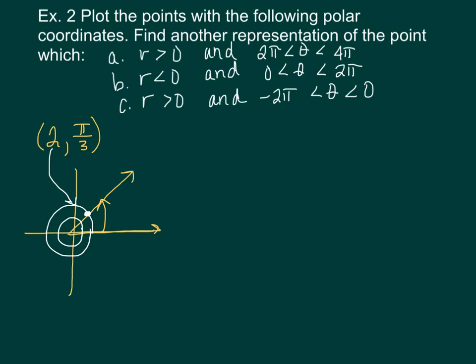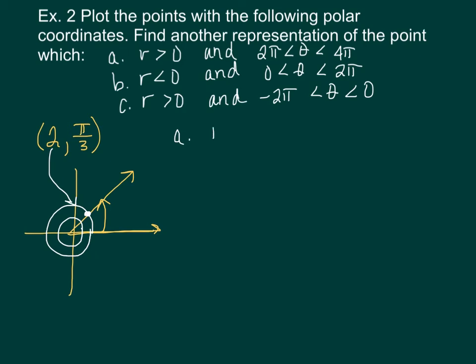Now, they also want us to find another representation of the point, A, where r is also positive, and they want theta to be in between 2 pi and 4 pi. So basically, all we have to do is add 2 pi. That means we're going around the circle again.